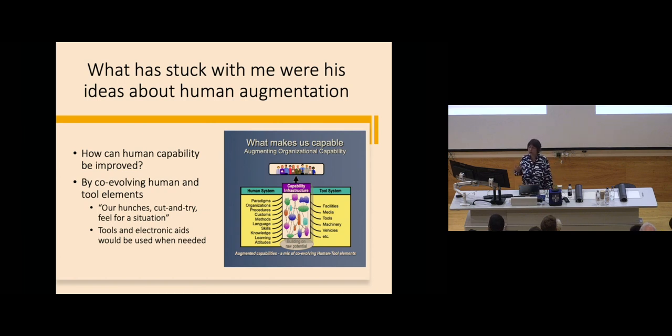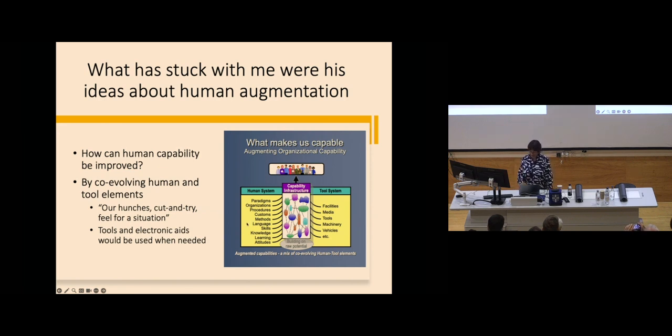So he mentioned our human elements, our hunches, our cut and try, our feel for the situation. And just think about how we might co-evolve these things that we have as humans with tools, machinery, and electronic aids. And if you see this diagram on the right, you can see on the left here the human system, all the things that we have from customs, methods, language, skills, knowledge, and learning.